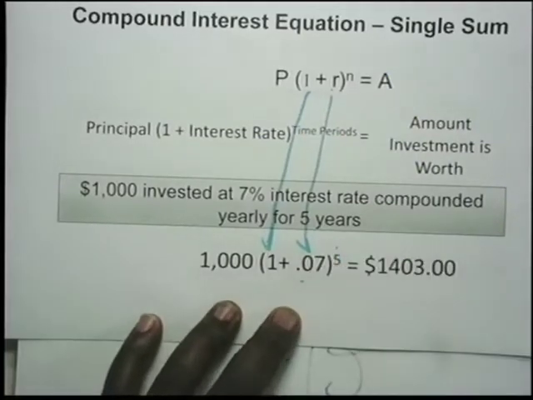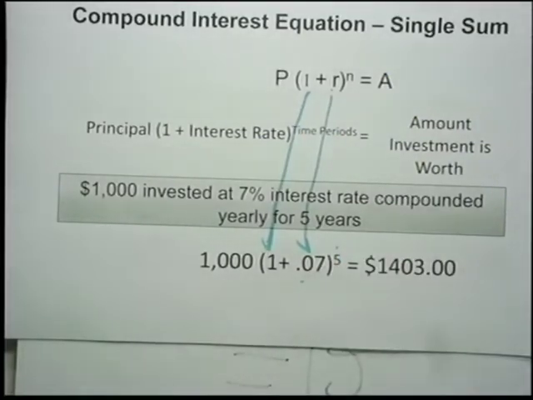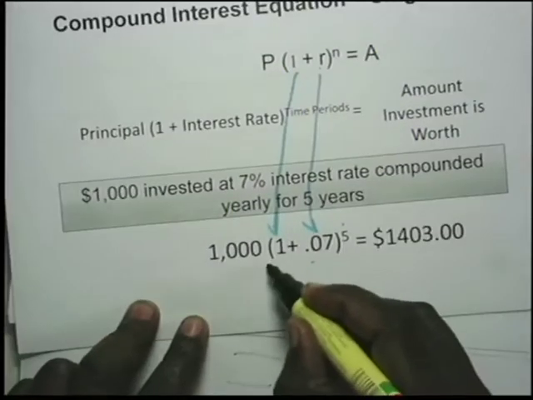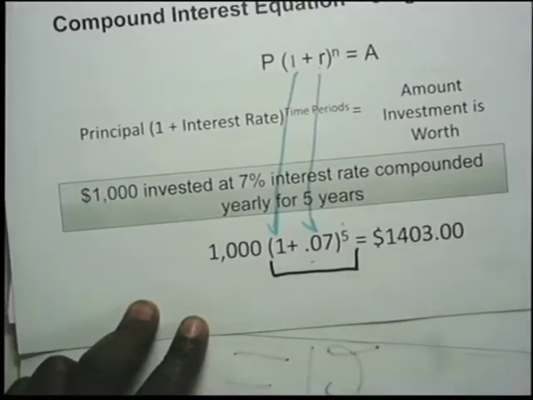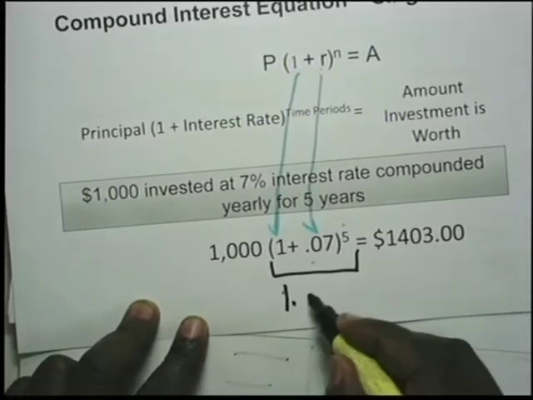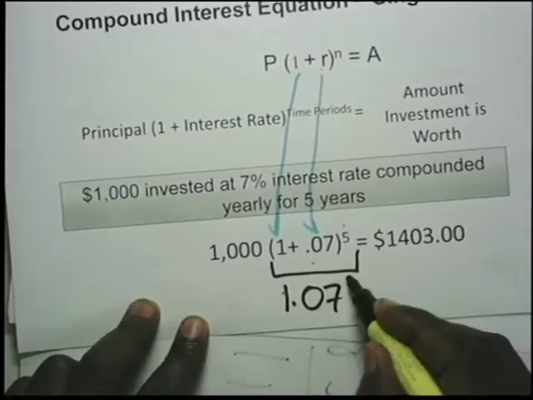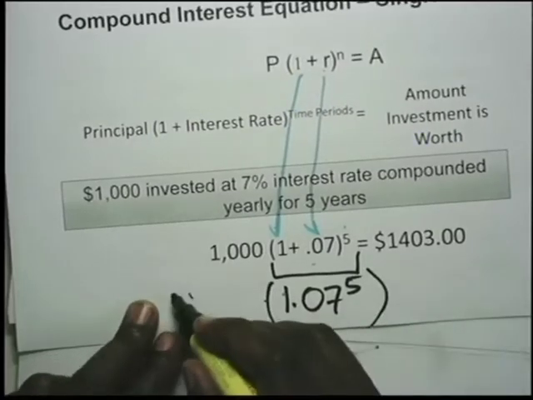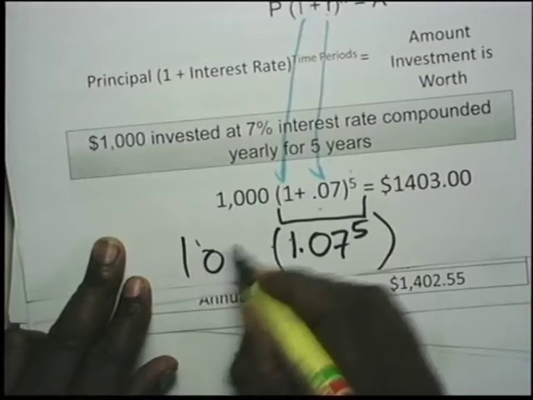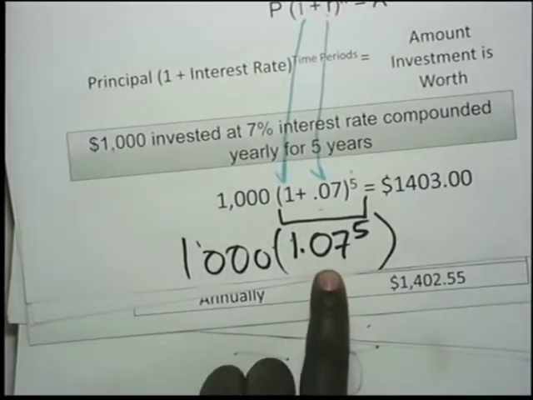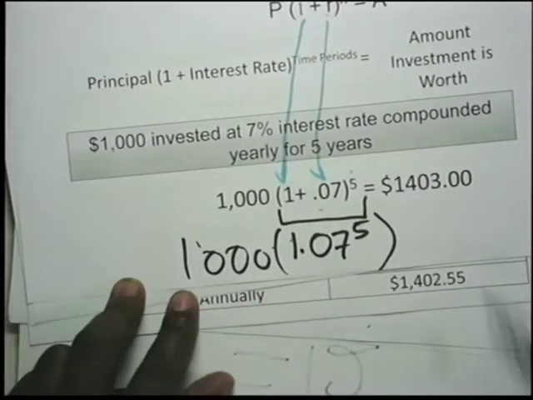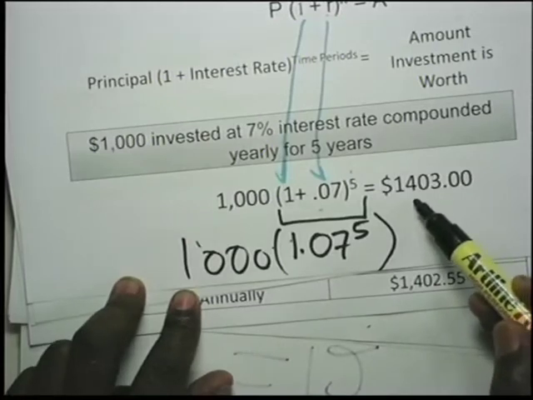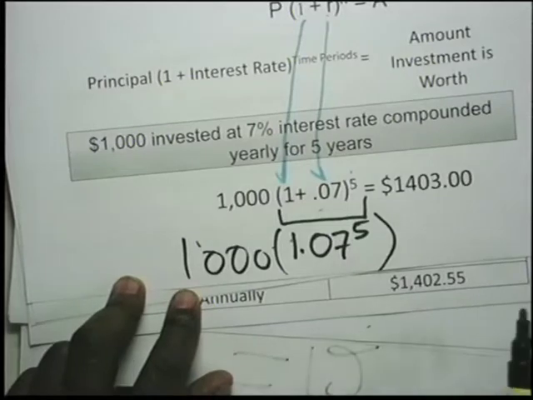What we'll end up with here is, if we are to deal with brackets, remember BODMAS, right? This part we deal with first. It will be 1.07 to the power 5, all this multiplied by 1,000. If you calculate this, your answer will be 1,403.